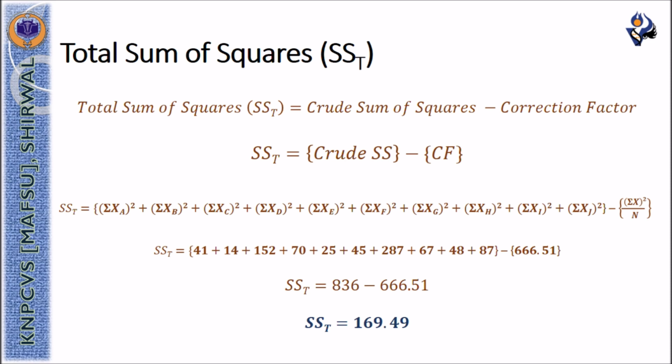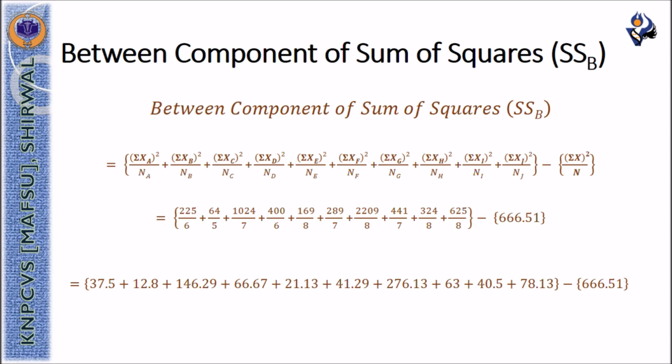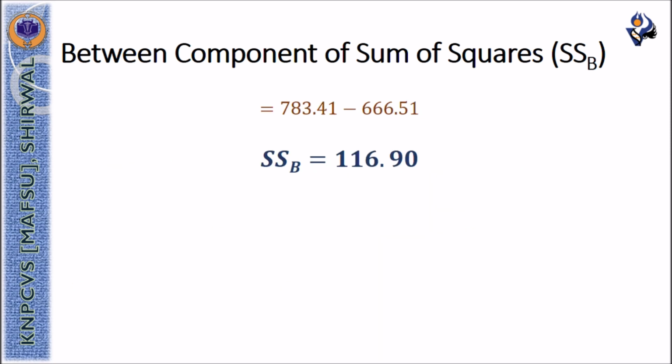The total sum of squares is calculated by taking crude sum of squares minus correction factor. The crude sum of squares comes to 836 and the correction factor is 666.51. Therefore, total sum of squares comes to 169.49. Now, the between component of sum of squares is calculated as shown in this slide, and it comes to 116.90.